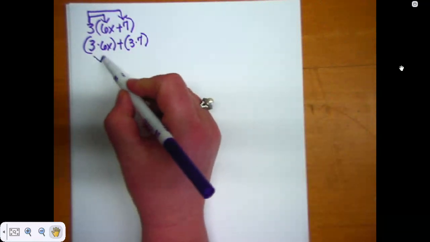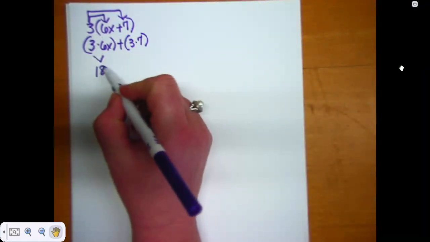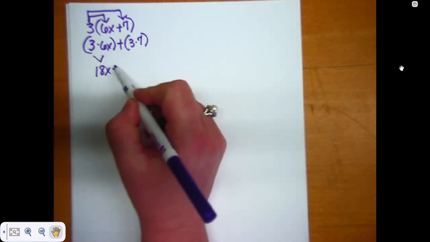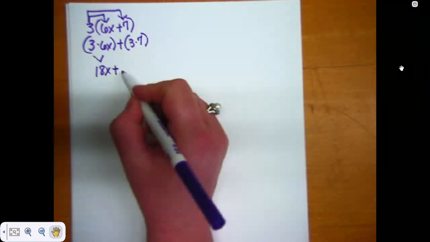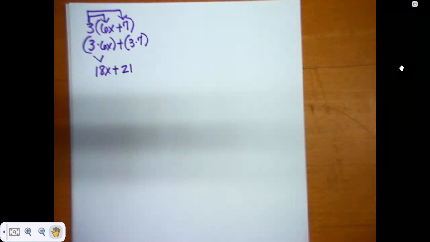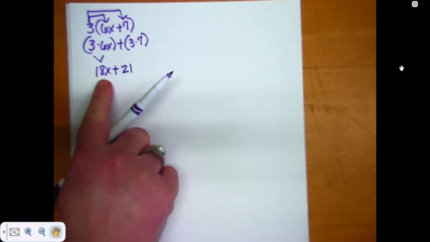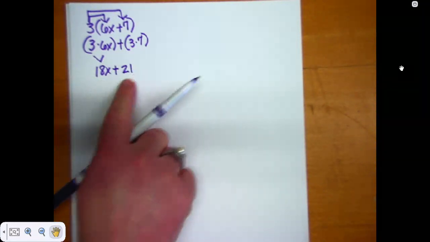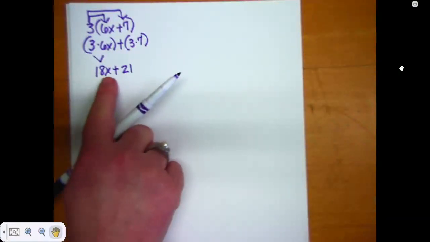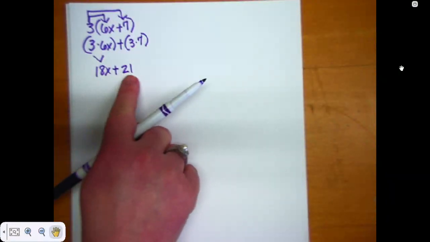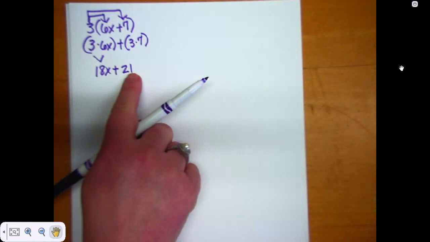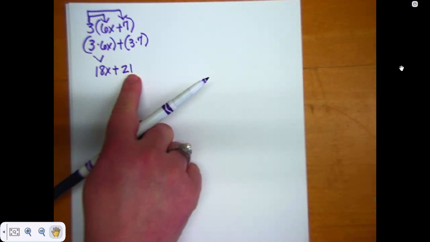So 3 times 6x is 18x. Bring down your plus sign, and 3 times 7 is 21. Now, I'm going to check to make sure that I don't have any like terms, and I don't because this has an x and this one doesn't. So this regular looking number is actually called a constant because it is going to be 21 no matter what.